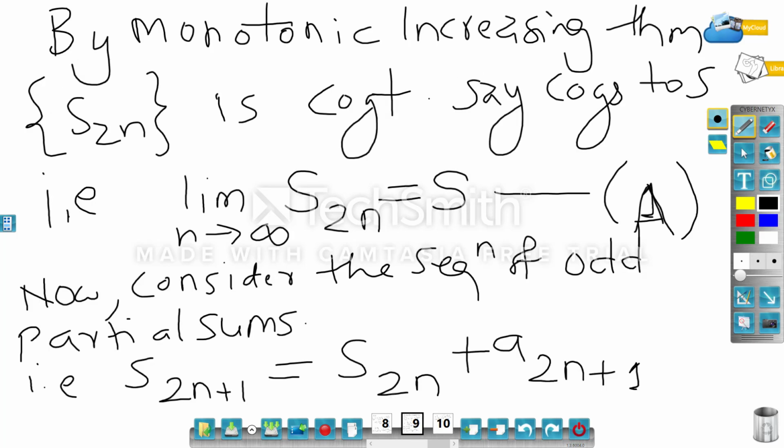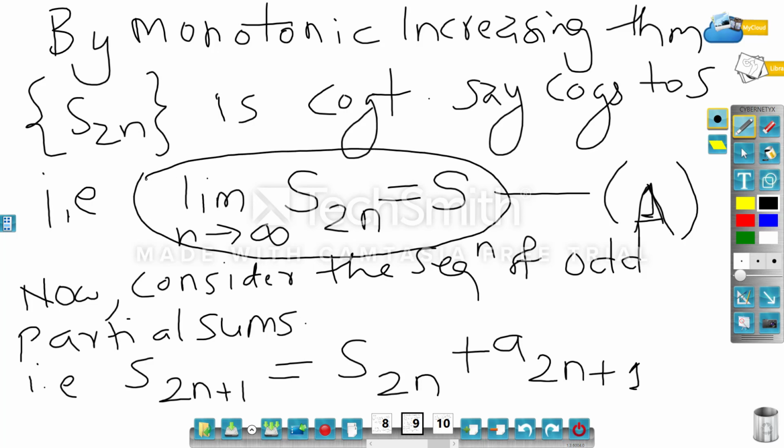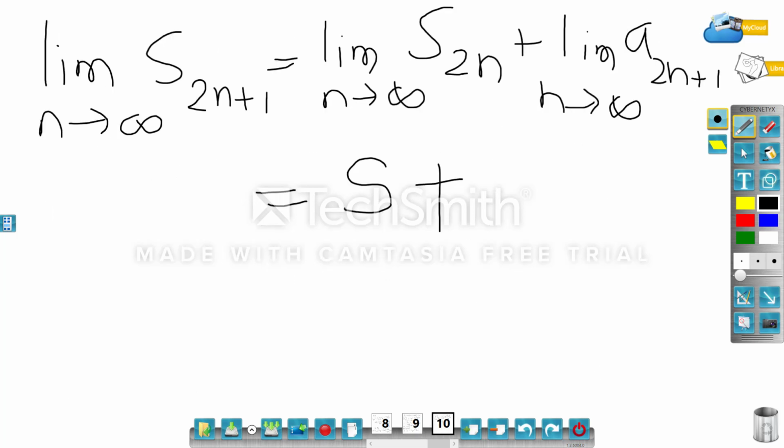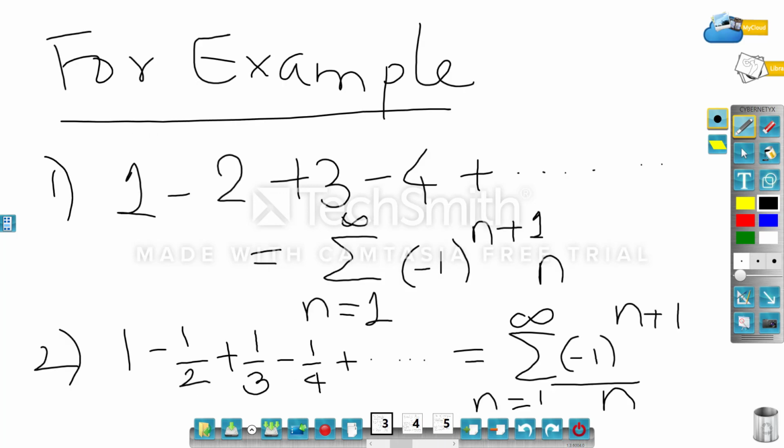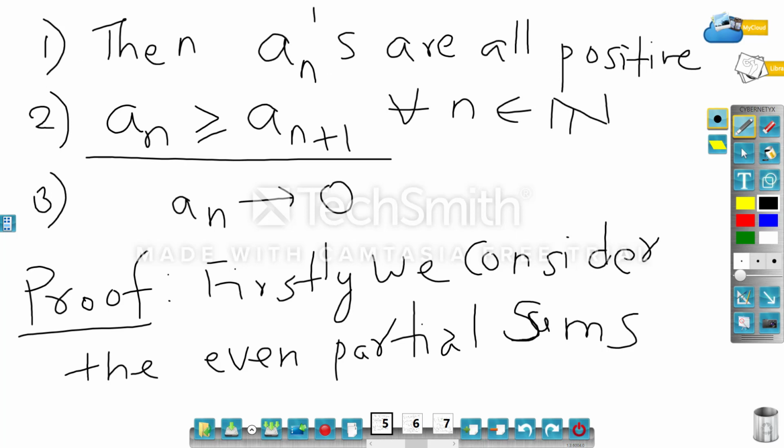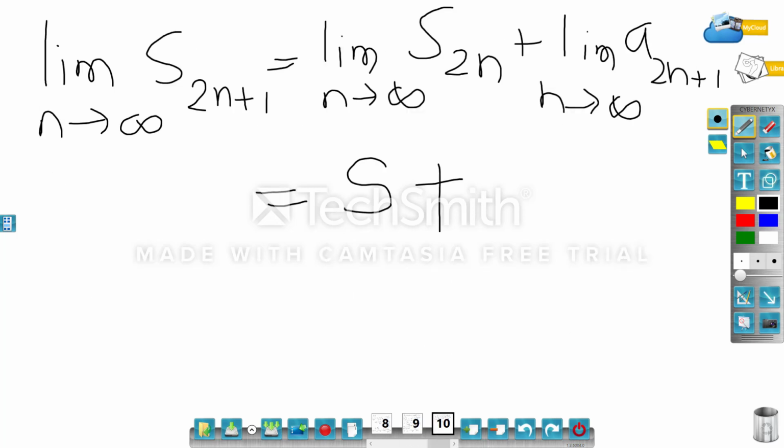This is S. And what is this limit? At the very start we said in the theorem, if you remember, let me check the statement, that an goes to 0. When you say an goes to 0, that means limit of a of 2n plus 1 also goes to 0. So this limit is straight away 0.